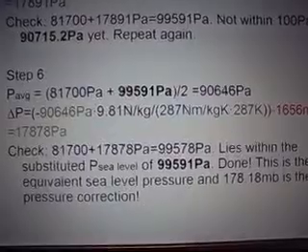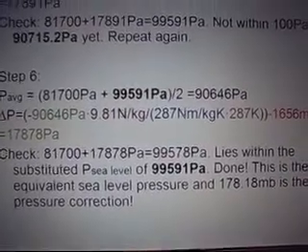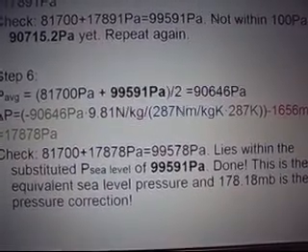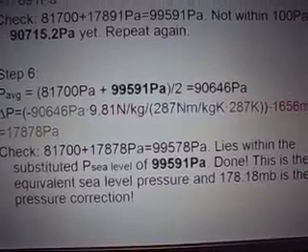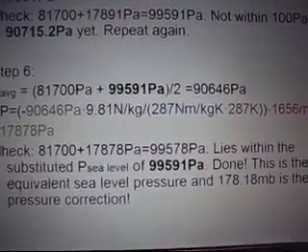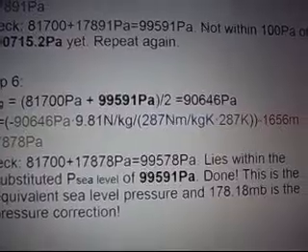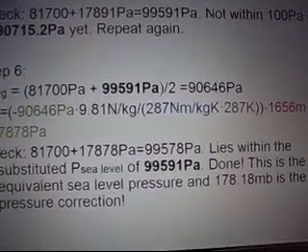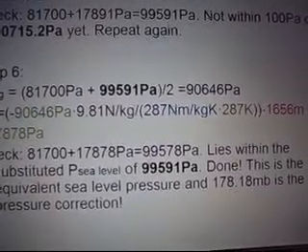So now we got our values, the sum of the station pressure and the change in pressure equals 99,578 pascal.